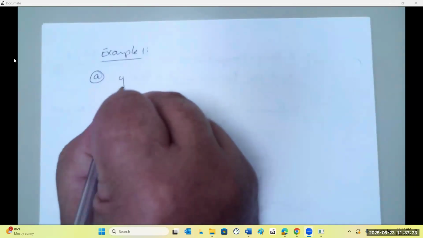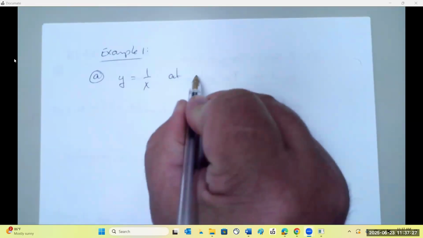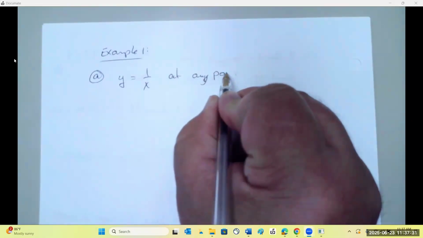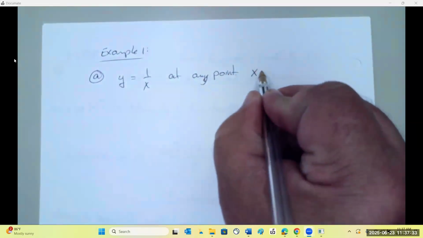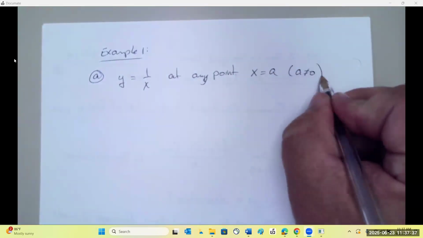A, find the slope of the curve y equals 1 over x at any point x equals a, where a does not equal 0.